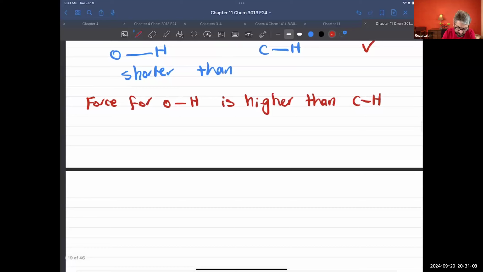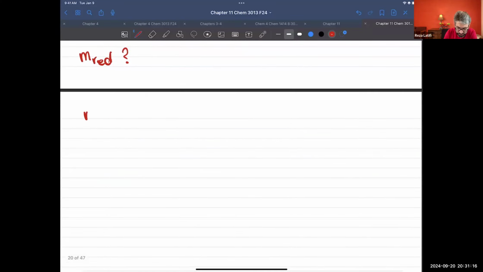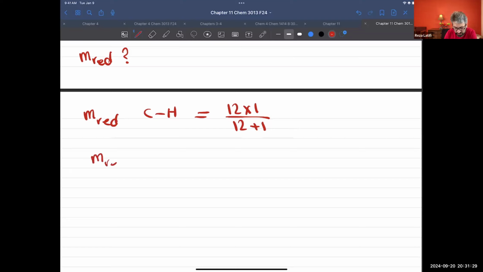I need to see the effect of that one. So the reduced mass for CH is 12 multiplied by 1 divided by 12 plus 1. The reduced mass for OH is going to be 16 multiplied by 1 divided by 16 plus 1.